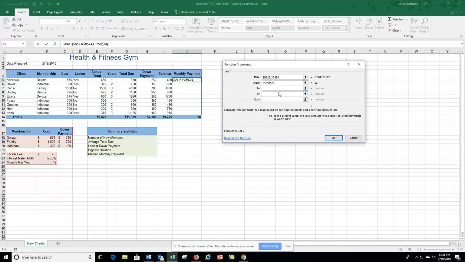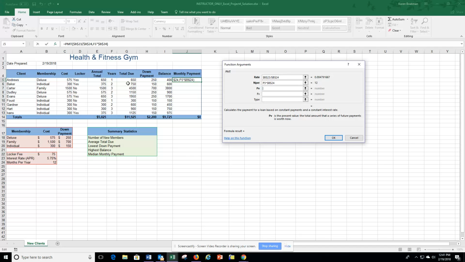Present value is how much money they are financing on this loan. We need to make sure that we are only getting their balance. Remember that earlier you had to find their balance.